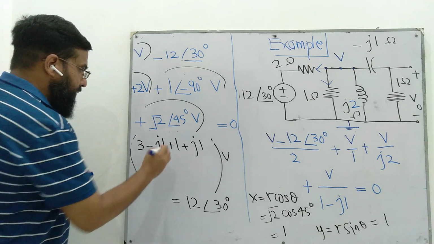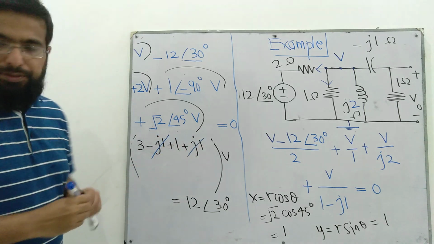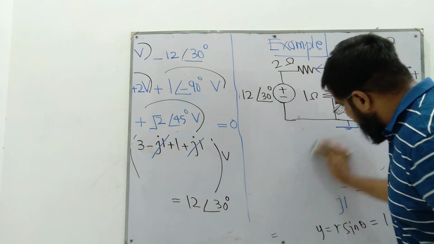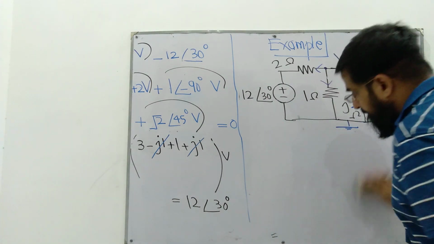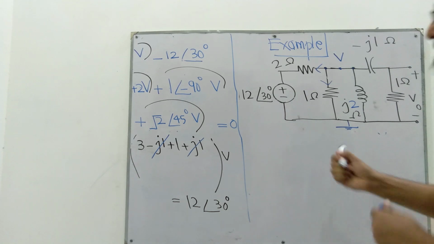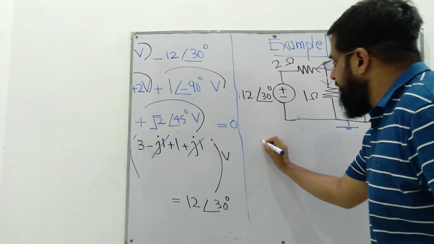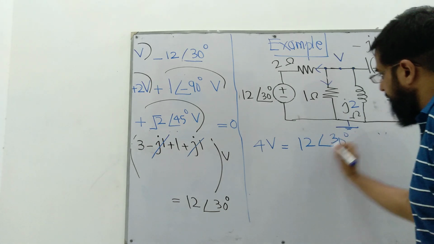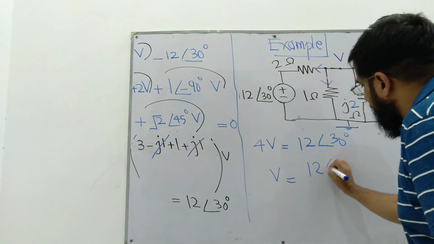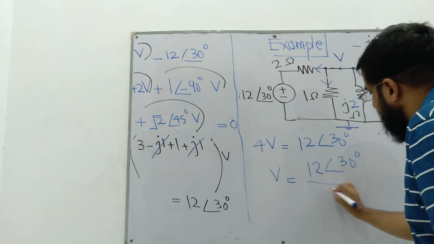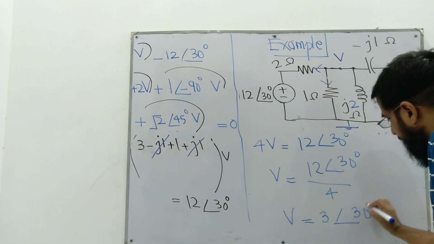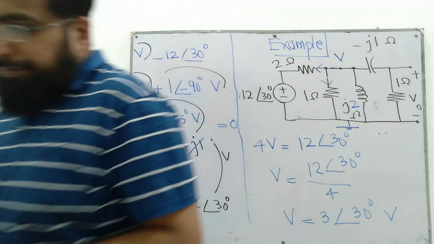The j1 and minus j1 cancel, and 3 plus 1 is 4. V is equal to 12 at an angle of 30 degrees divided by 4. This means V is 3 at an angle of 30 degrees volts.